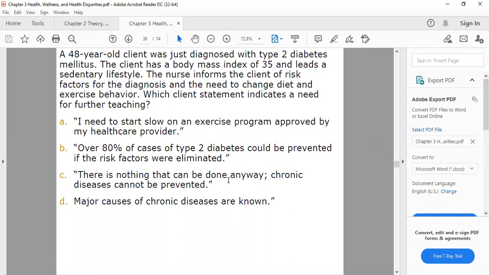The nurse informs the client of risk factors for the diagnosis and the need to change the diet and exercise behavior. Which client statement indicates the need for further teaching? C. C for sure.